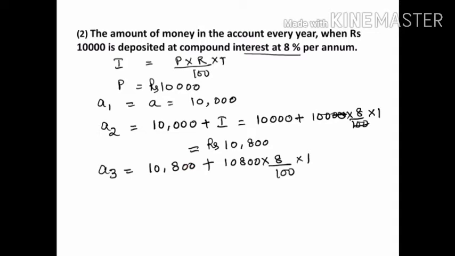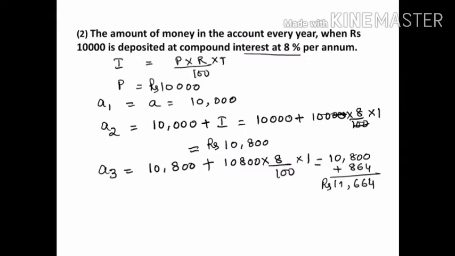And then we calculate the interest for this current year and then add to the principal amount. So this total comes out to be 10,800 plus the interest 864, that is equal to 11,664 rupees.